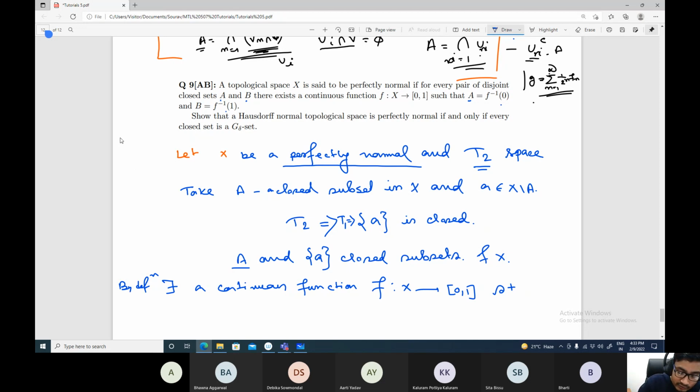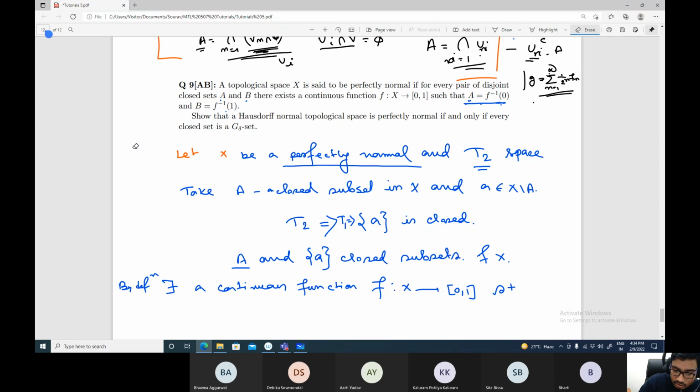This is different from f(a) equal to 0 for all a belonging to A; that is a bigger class, and whenever A equals f inverse 0, that automatically happens. But the definition says A is precisely f inverse of 0, and B equals f inverse of 1. This is the definition.